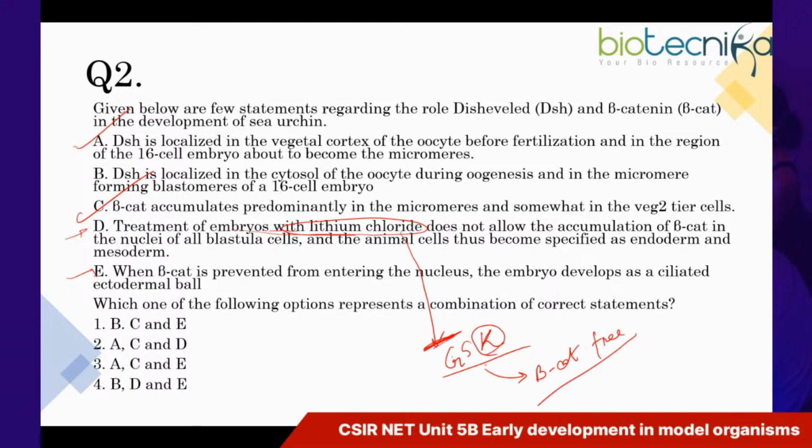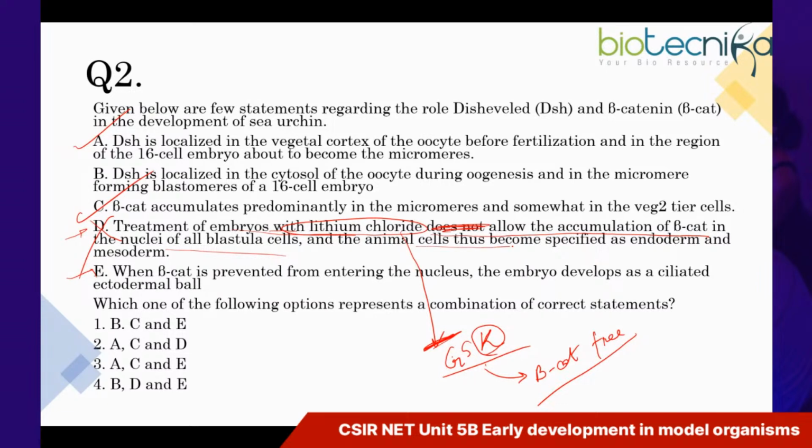But what is it writing? Does not allow the accumulation of beta-cat. It will be opposite. It will allow the accumulation of beta-cat. That's why this is wrong. It's written it does not allow accumulation of beta-cat in nuclei of all blastula cells. No, it allows it.